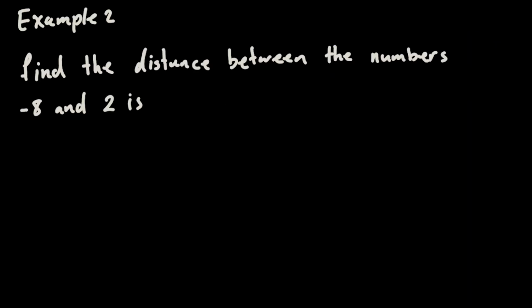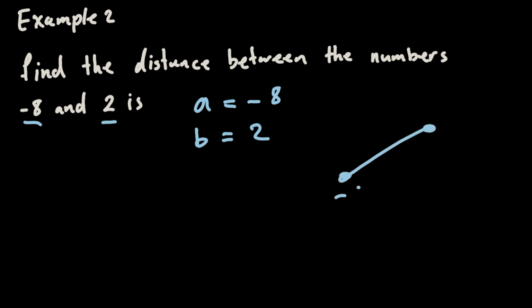Let's see example 2. Find the distance between the numbers minus 8 and 2. Let's suppose that A equals minus 8 and P equals 2. So this is minus 8 and this is 2, and we want to find the distance between them. As we learned, we subtract them inside the absolute value.